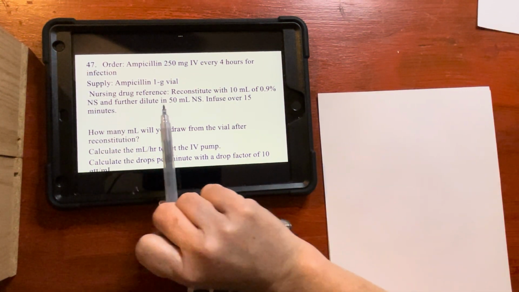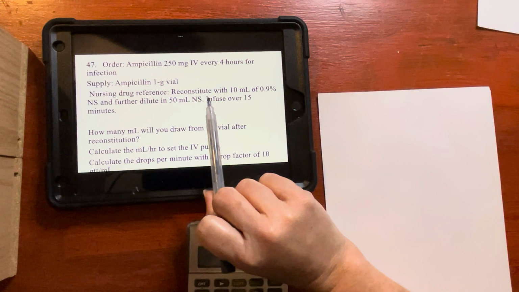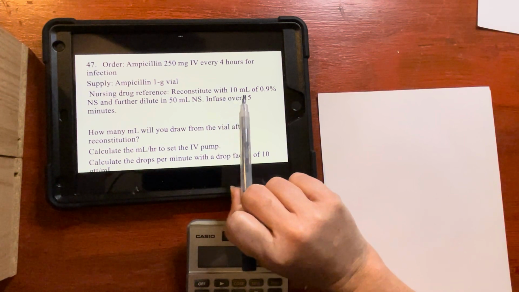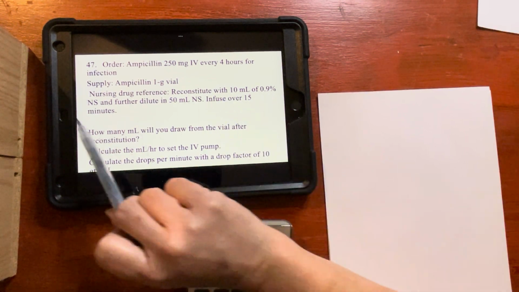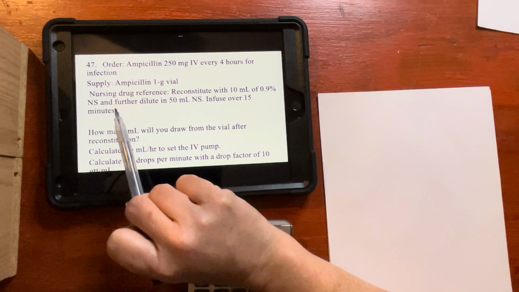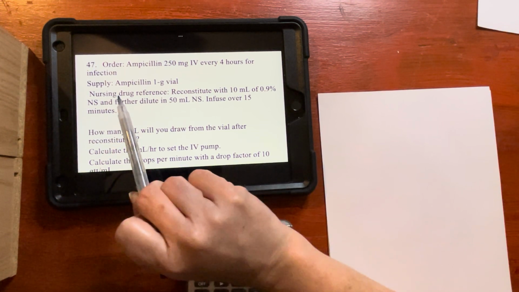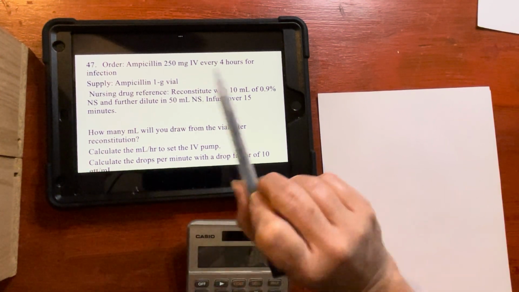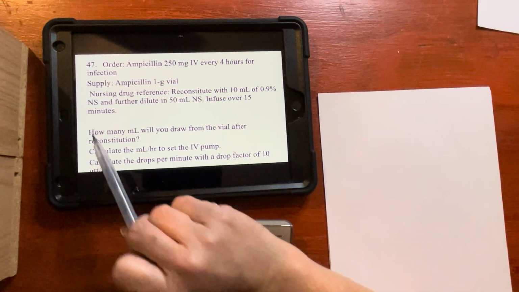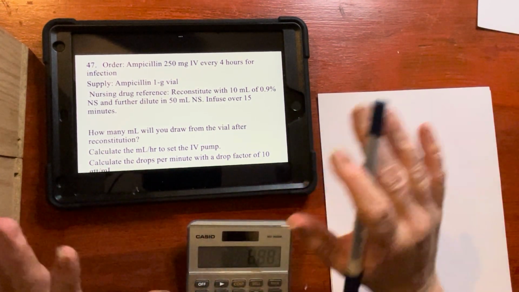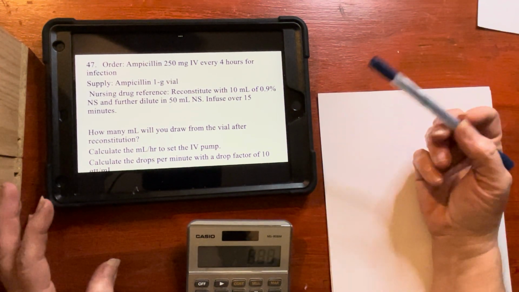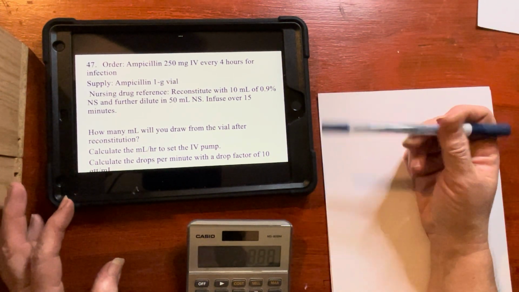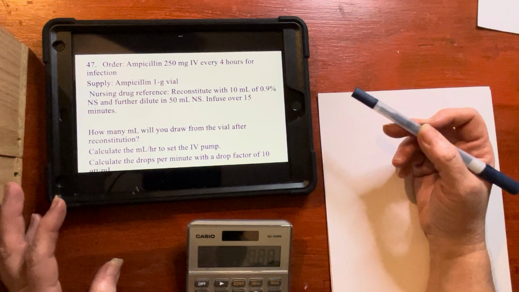And the nursing drug reference says reconstitute the vial with 10 milliliters of 0.9% normal saline. And then further dilute in 50 milliliters and infuse over 15 minutes. Okay, take a breath. I know that's janky, but I'm going to explain it.